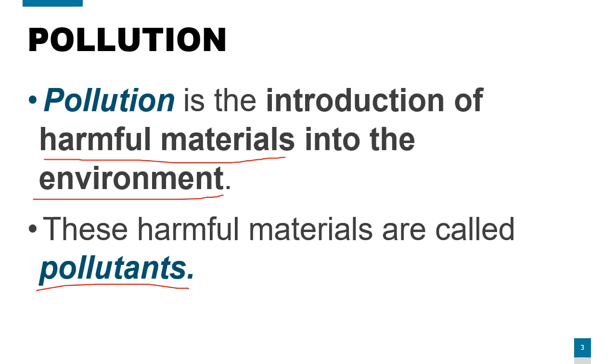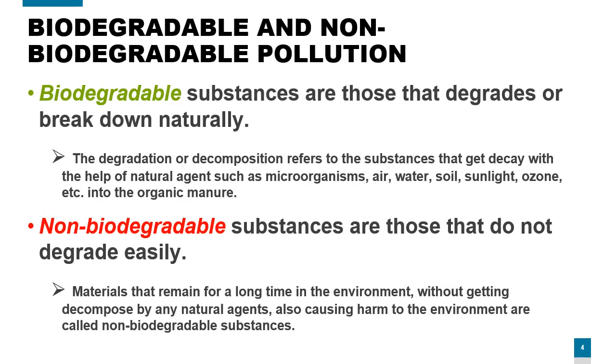Okay, so we have here the biodegradable and non-biodegradable pollution. I know that you're already familiar with biodegradable. When we say biodegradable, these are substances that degrade or break down naturally.